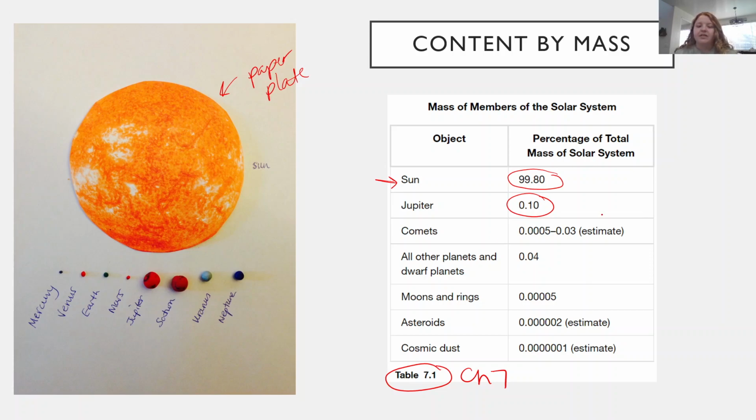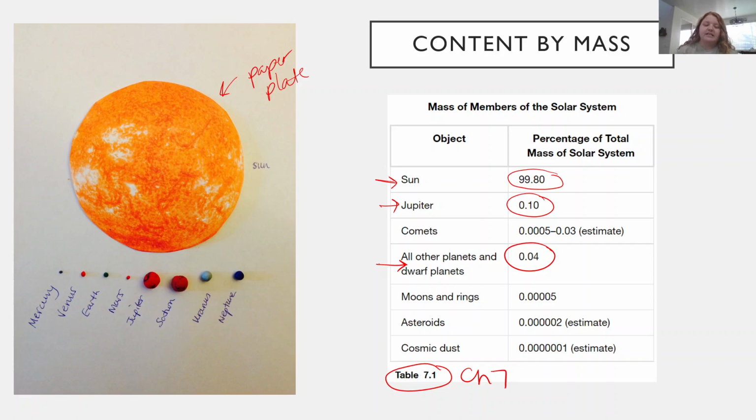But then we have comets, which we'll talk about a little bit later, but they're basically like ice that's flying through space. Again, we'll talk about that a little bit more in the future. Then we have all other planets and dwarf planets. So that would include all of our other planets. So Saturn, Uranus, Neptune, Mars, Earth, Venus, and Mercury combined.